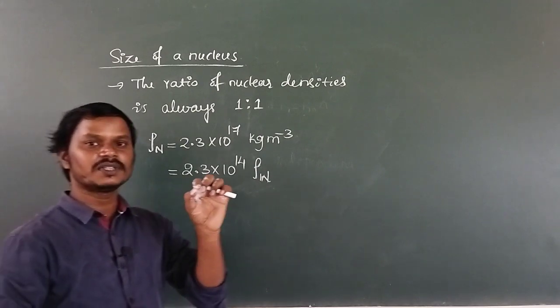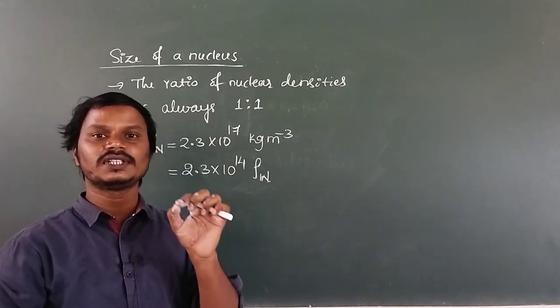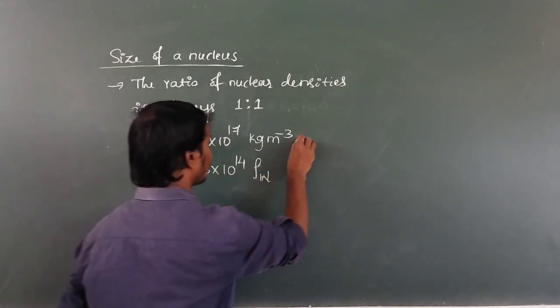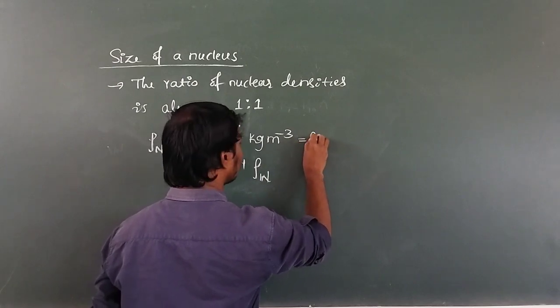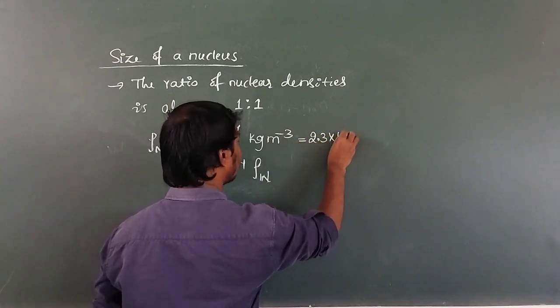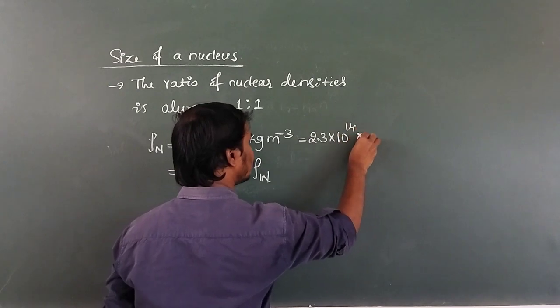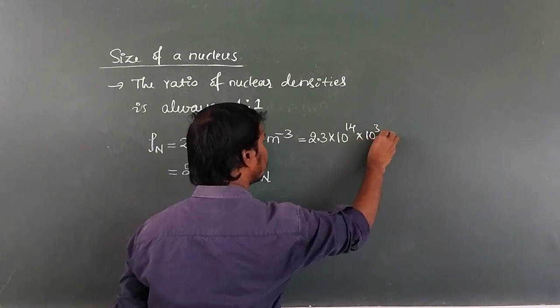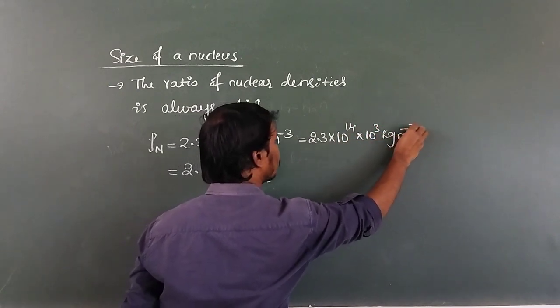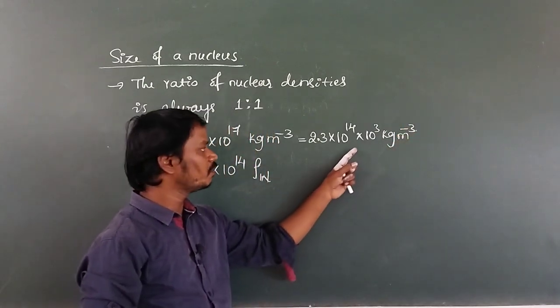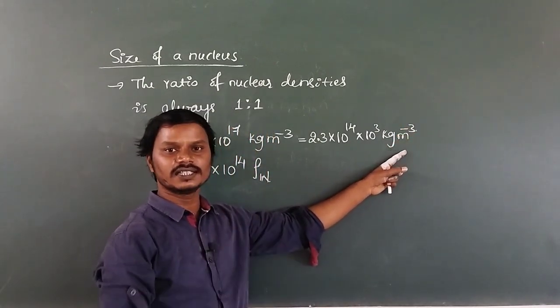So what is the value of density of water? That is 10 to the power of 3 kg per meter cube. See here, I will write this as 2.3 into 10 to the power of 14 into 10 to the power of 3 kg per meter cube. 10 to the power of 3 kg per meter cube is the density of water.